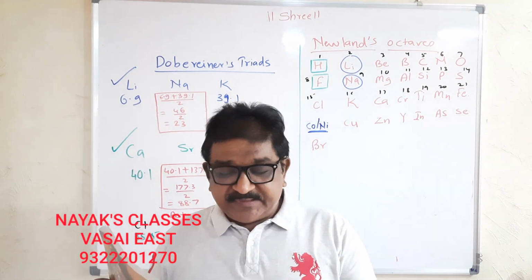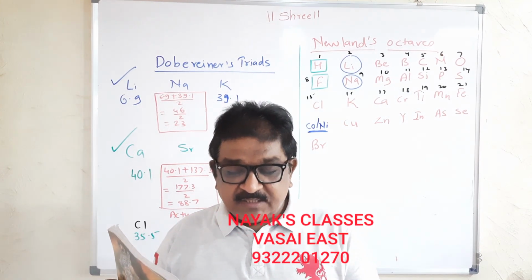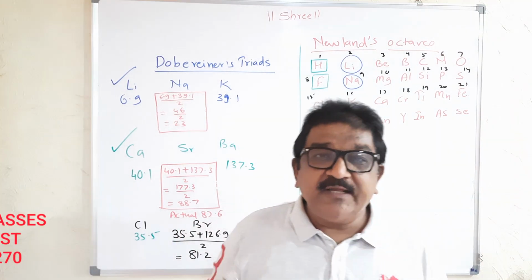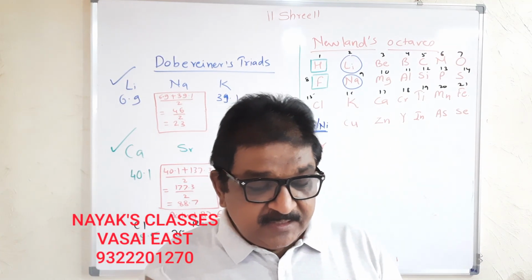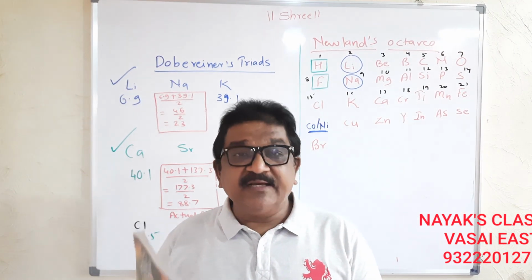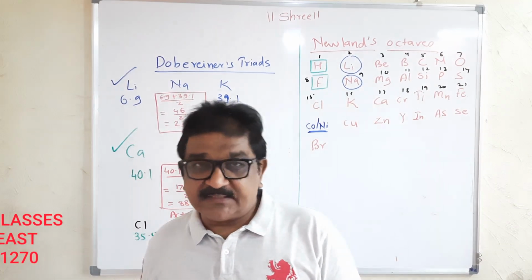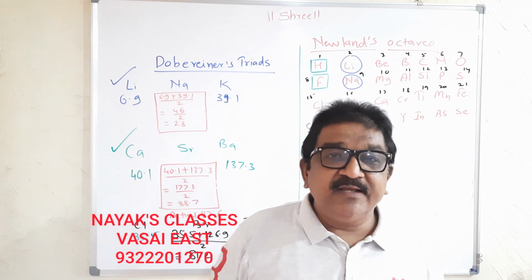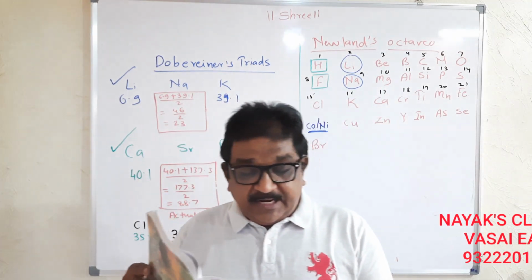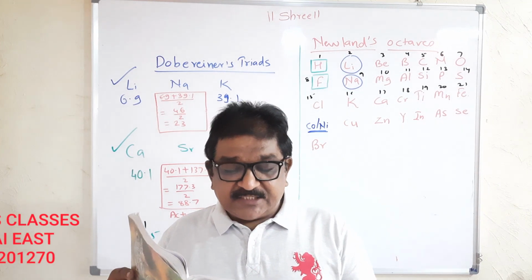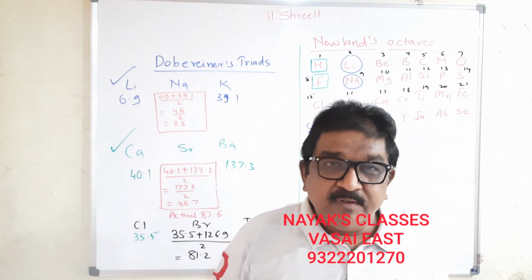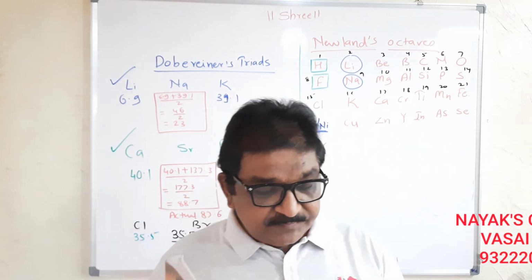He made a group of three elements, each having similar chemical properties, and called them triads. He arranged the three elements in the triads in increasing order of atomic masses, and showed that the atomic mass of the middle element was approximately equal to the average of the other two.